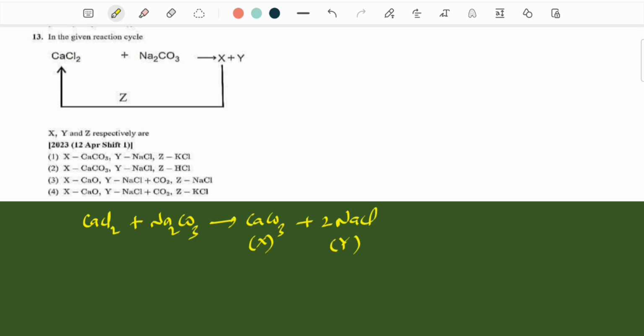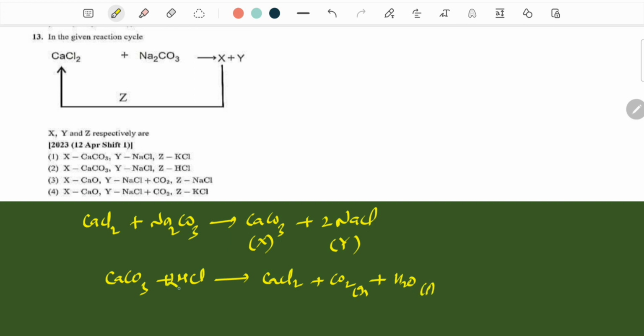So to obtain calcium chloride from calcium carbonate, we need to react calcium carbonate with hydrochloric acid. Now CaCO3 with hydrochloric acid, HCl, gives calcium chloride, carbon dioxide and water.